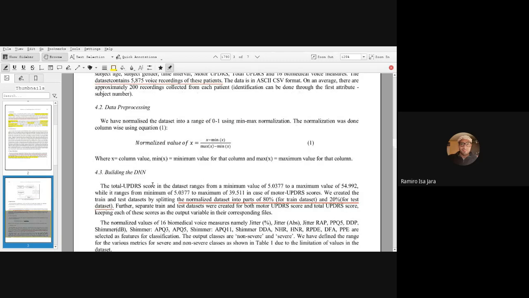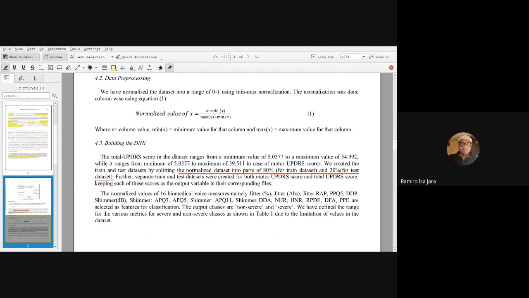In this equation, the normalized values are presented. In this case, the min-max rule is used to improve the performance of the data.